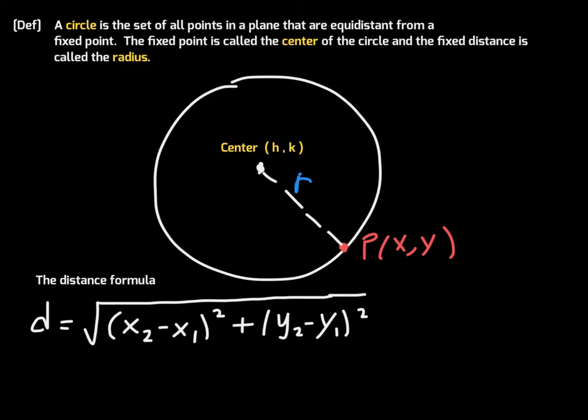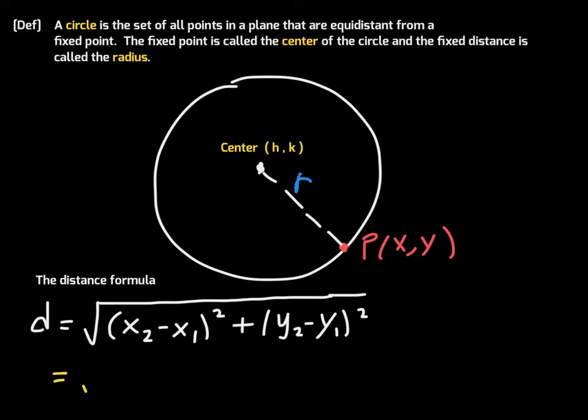That was a mouthful. Basically, the two points that we want to plug into the distance formula are the center and this random point on the circle, x comma y. So let's plug those numbers in.